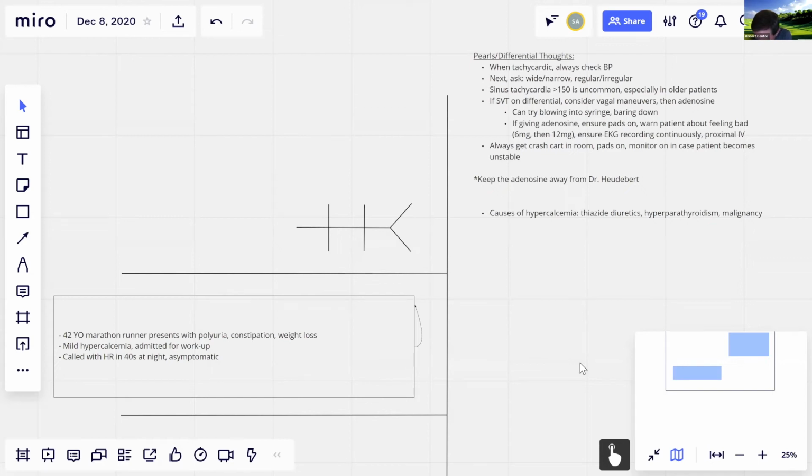Yeah, so this is a pretty common scenario in the hospital. How worried I am about bradycardia depends on the patient, their risk factors and everything like that.